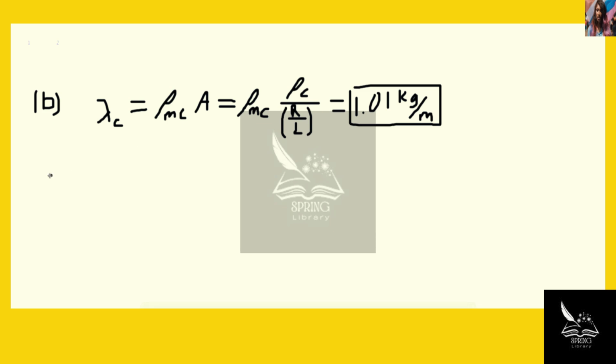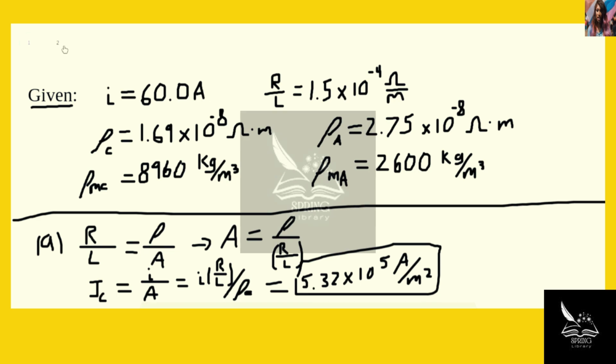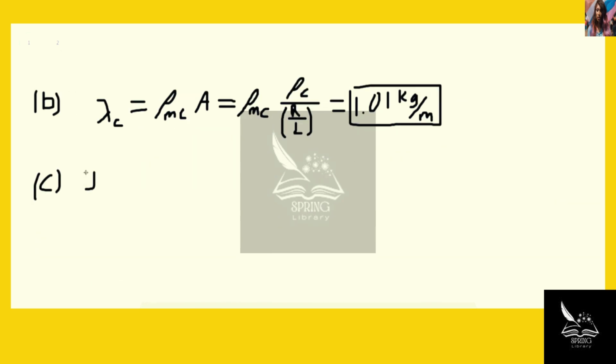Now part C, we're doing the exact same thing we did for part A, except this time we're going to be using the values that were given for the aluminum. So we'll call this J sub A, and that's equal to the current over the area, but again, we know that the area is equal to the resistivity, rho A, divided by R over L, so then R over L is on top.